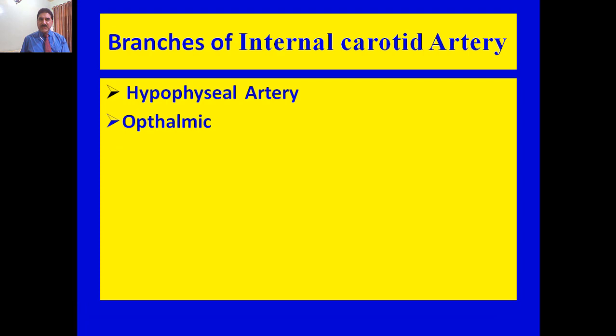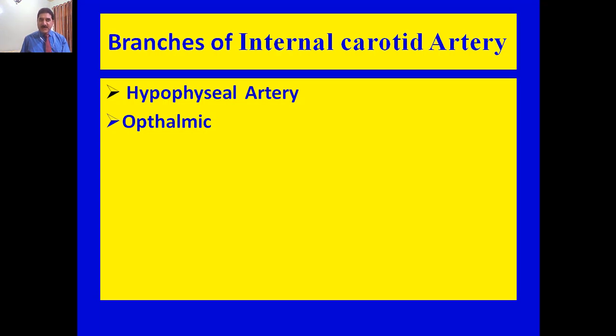Branches of internal carotid artery. As already said, internal carotid artery is divided into cervical, petrous, cavernous, and subarachnoid segments. In this lecture, we are particularly going to discuss the terminal branches of internal carotid artery.